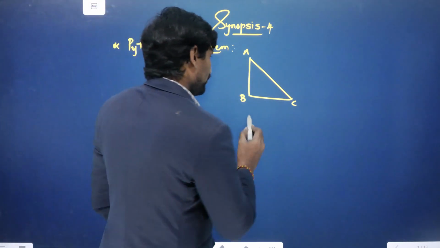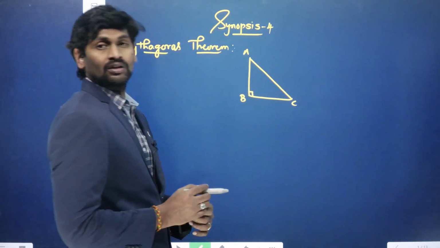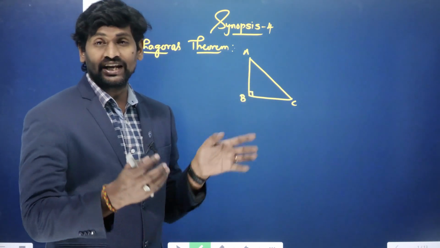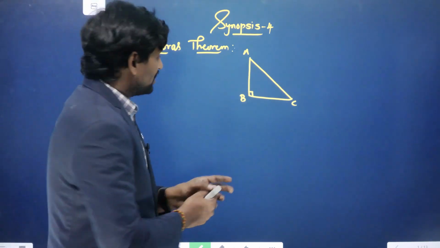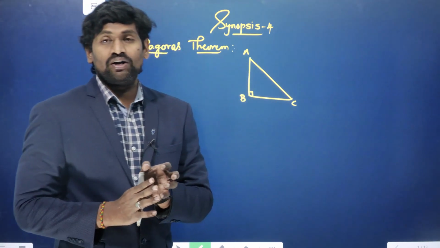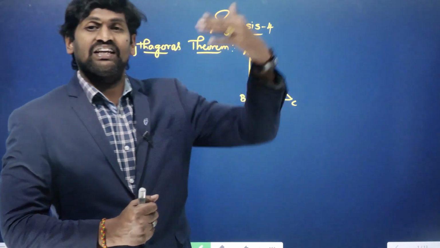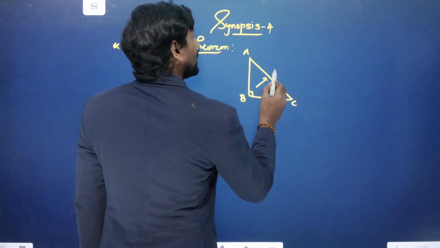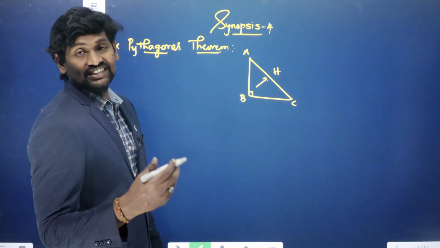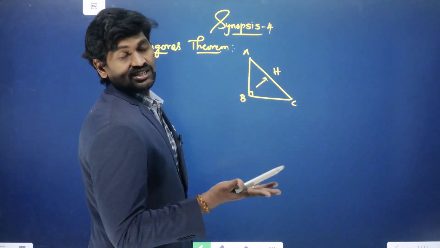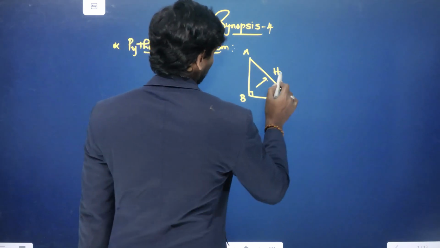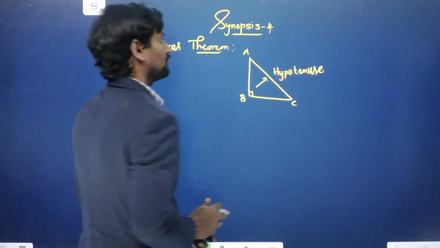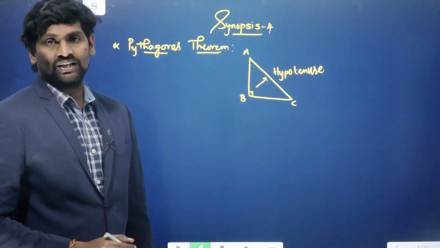Now if you take the right angle at B, AB and BC both are connected to B. That means AB side and BC side are adjacent to B, but AC is opposite to B. So that's why the opposite side of the largest angle is the largest, nothing but the hypotenuse. And the remaining two are regular sides.